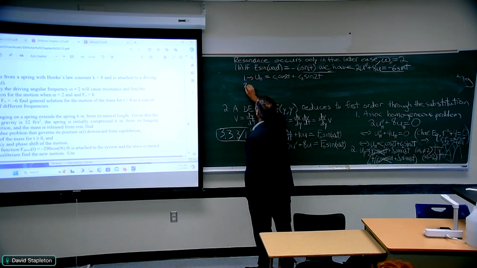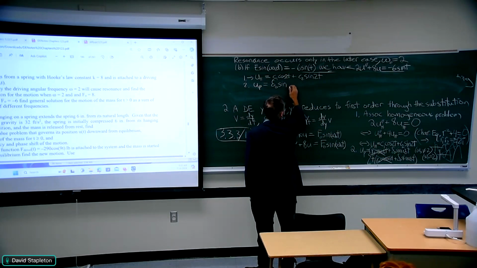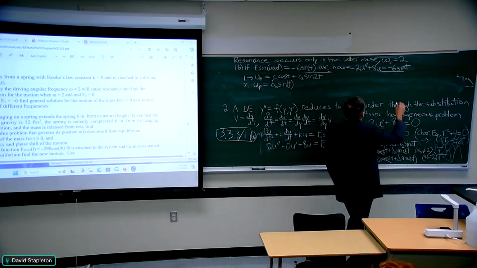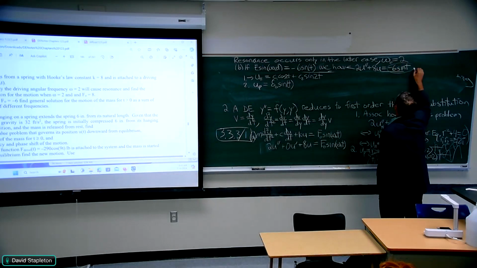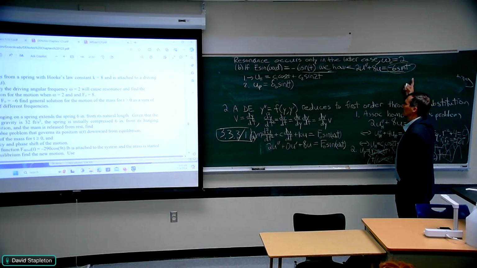So that's step one, and then step two: u particular, according to our prescription, has to be a number, delta 0 times sine 1t, right? If the right-hand side is a constant times sine, then the corresponding particular solution by undetermined coefficients is a constant times sine plus a constant times cosine.